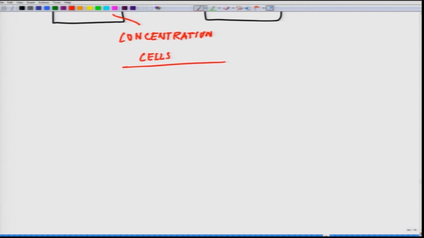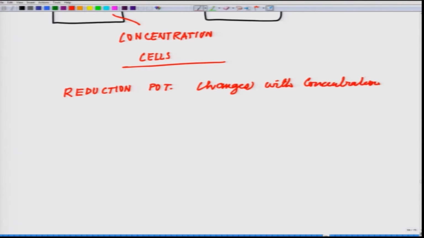The reduction potential changes with concentration. An electrochemical cell using two half cells with the same chemical reaction, but with different concentrations, such cells are called concentration cells.